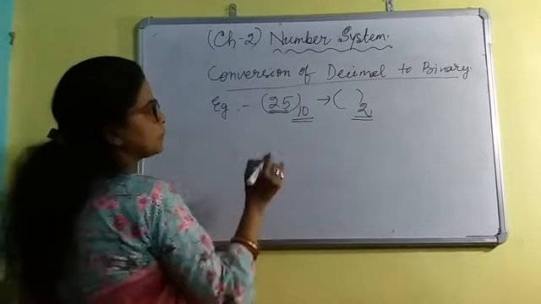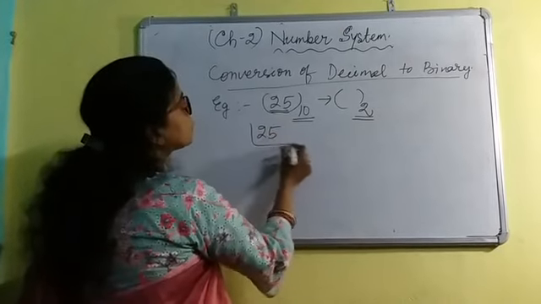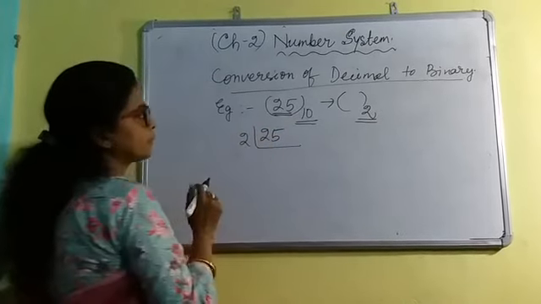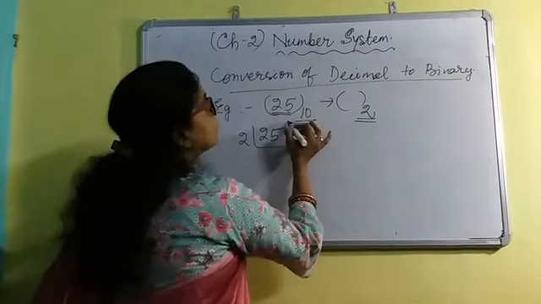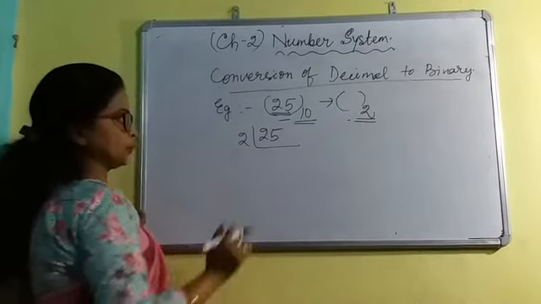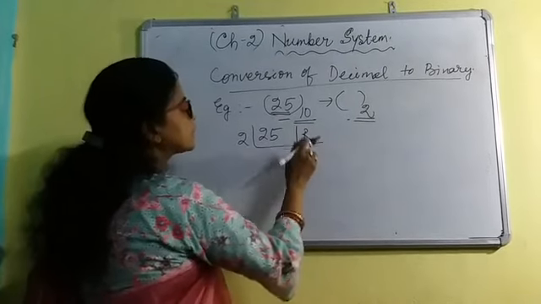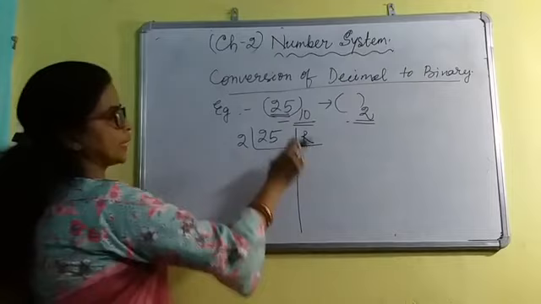The process is: I divide 25 by 2, because I am converting decimal to binary, and simultaneously I keep the remainder sideways.